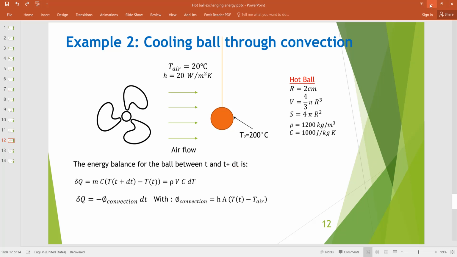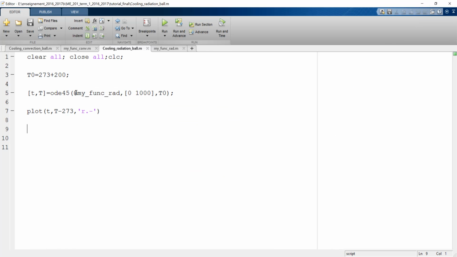You can now go to the script of the convection. It is mainly the same script. I did not add 2073 here because there is no obligation for this. So ode45 with my function convection from 0 to 1000, and the initial temperature of the ball is T0. I save.